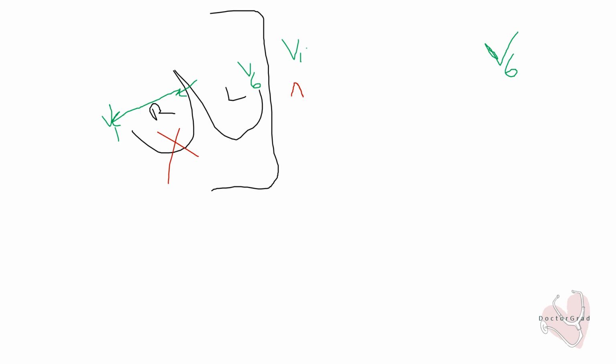So in terms of V6, the septal depolarization is going away from the lead, right? So in V6, the septal depolarization seems like a small negative deflection.